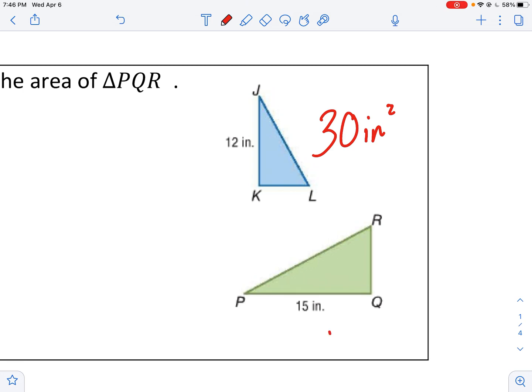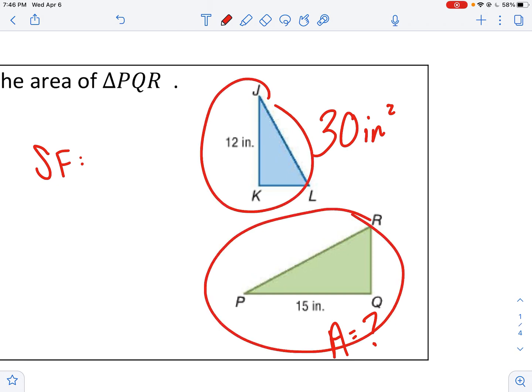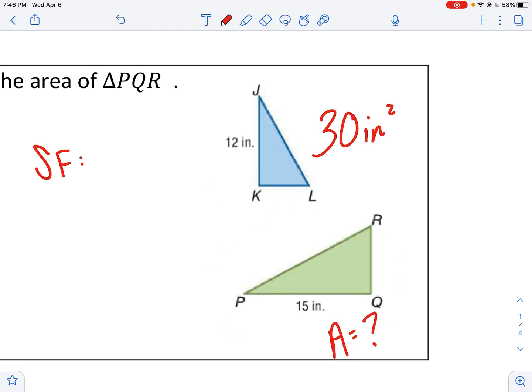And I want to find out what the area of the triangle PQR is. Well, first thing I should do is find the scale factor between the two. And that should be, if we assume it's an enlargement, 1.25.